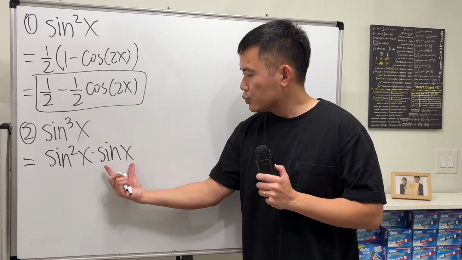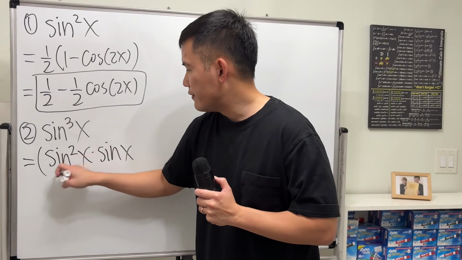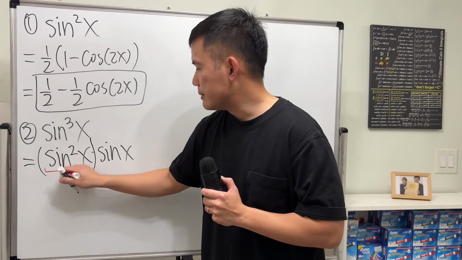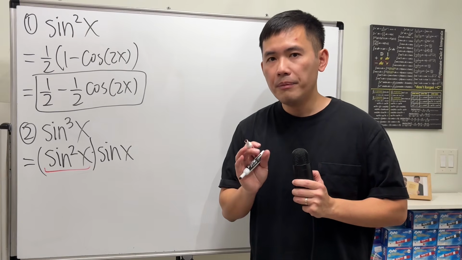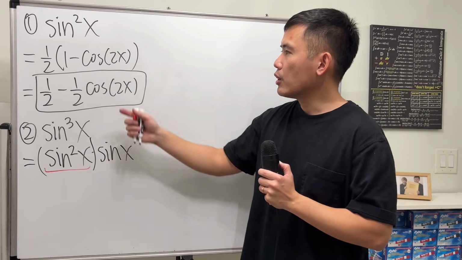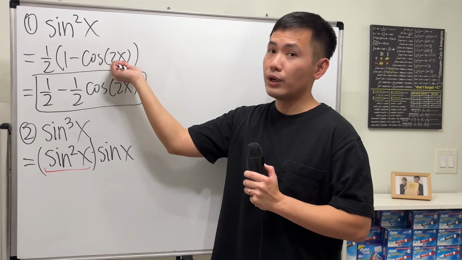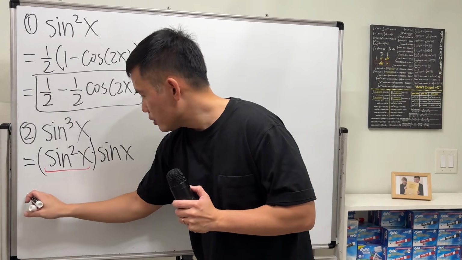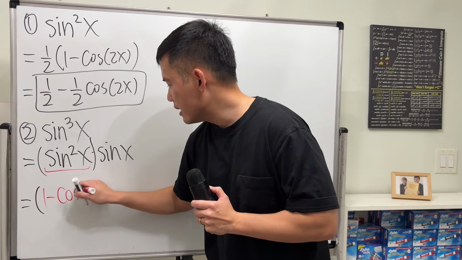Now, because we have the sine x factor here, we want the first part to be an expression in terms of cosine x. Make sure it's cosine x. The angle has to match. So do not use this formula anymore because we have cosine of 2x. Instead, we will be using 1 minus cosine square x.